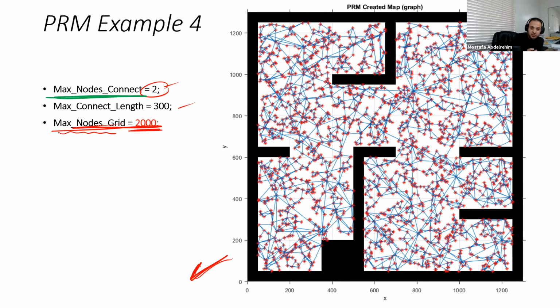This is the number of nodes in the graph. So we know it from this parameter that we change ourselves. Okay, this is clear. So let's go back to the Matlab stuff.